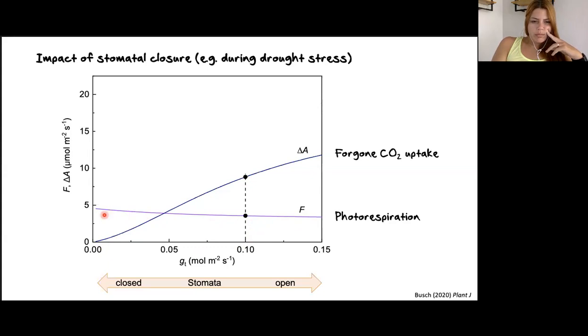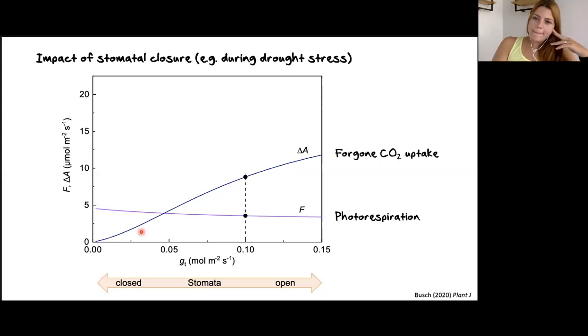Not by a lot, but it still goes up. On the other hand, the carbon the plant is losing out on is actually going down. So as stomata close and restrict the amount of CO2 going in, the plant is forgoing less and less CO2 being taken up.